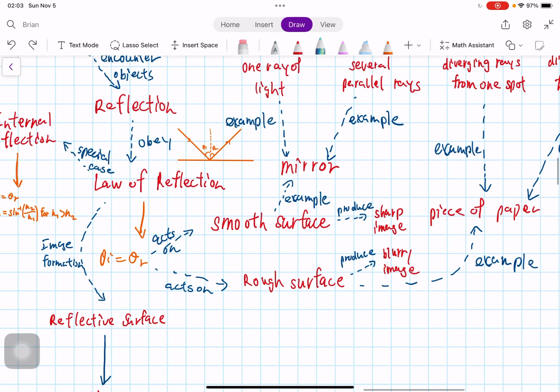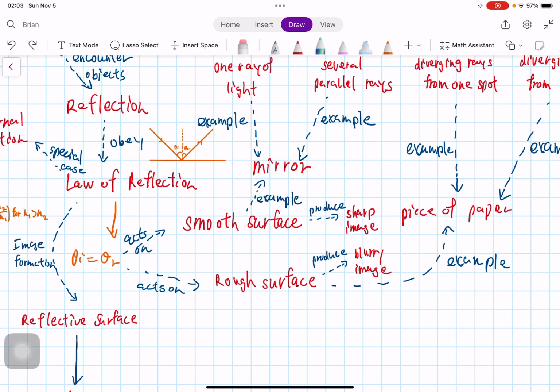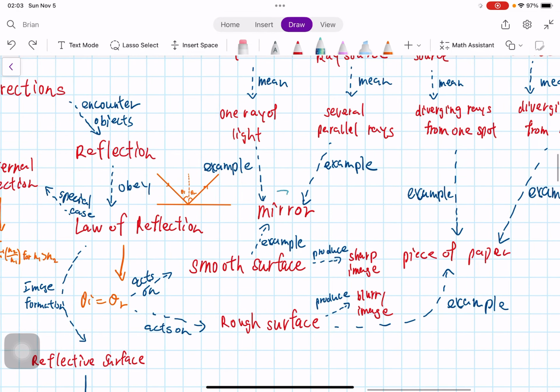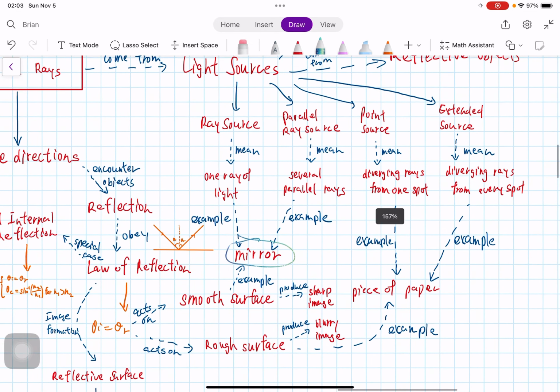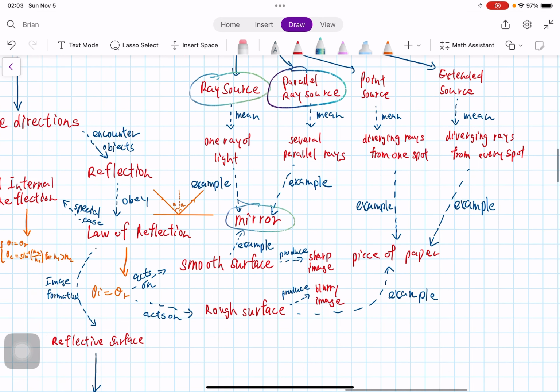So it acts on smooth surfaces and rough surfaces. A smooth surface produces a sharp image, and the typical example would be a mirror. A mirror would be an example for a ray source and parallel ray source. A rough surface produces a blurry image, and the typical example would be a piece of paper. A piece of paper would be an example for point source and extended source.